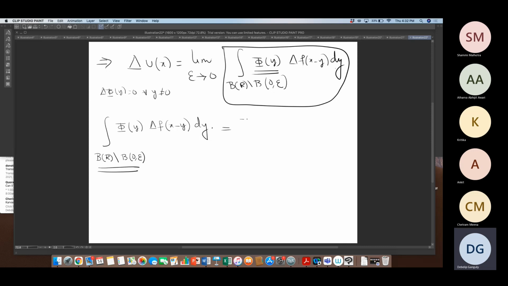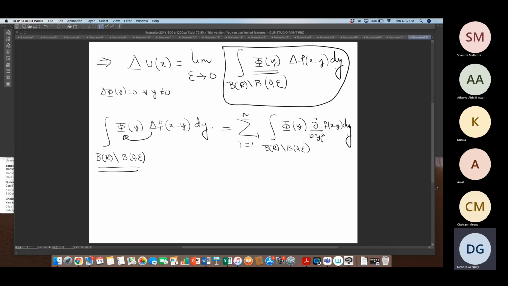This I can write like this. I will use integration by parts, I will take the derivative here. But the problem is the boundary term will come. Right? I'll tell you, don't worry. The integral of phi of y, del square by del y_i square of f of x minus y dy.